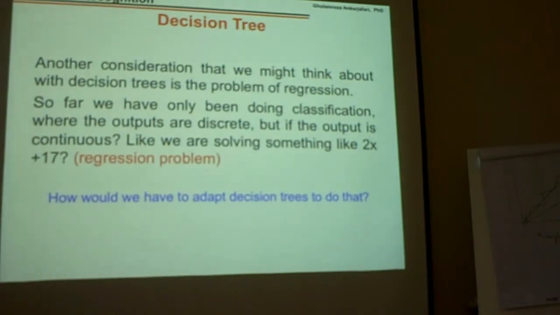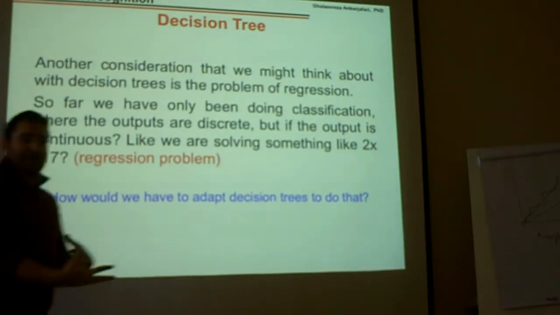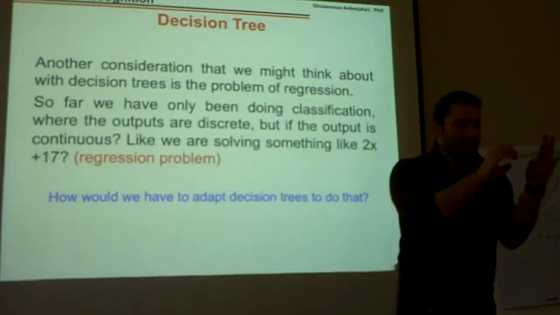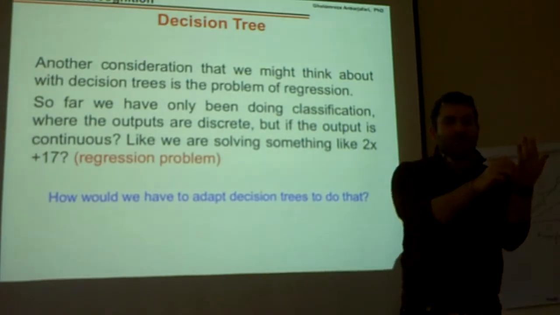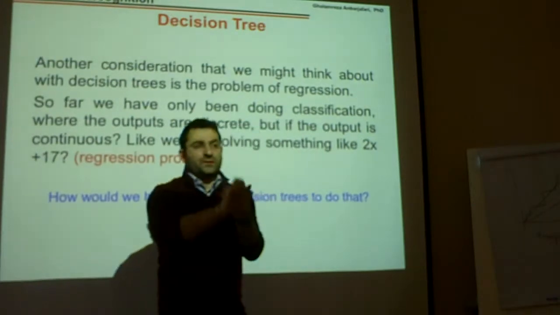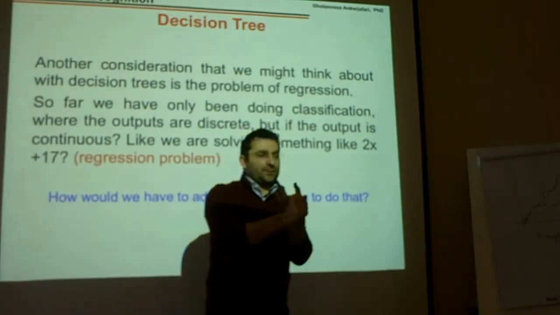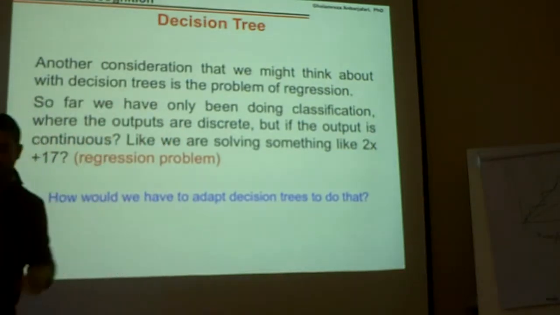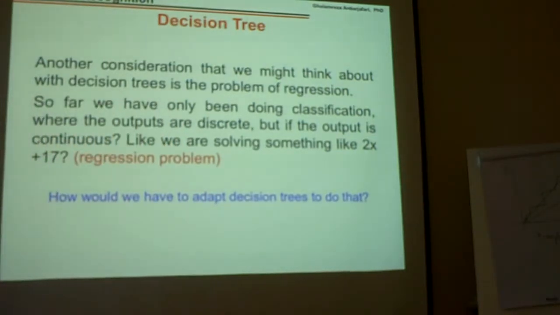So how we adapt our decision tree to do this is the topic that we want to talk about right now. So we have handled discrete input, discrete output classification, and continuous input, discrete output classification. We have talked about the trees, the noise that we have, and we have some idea about how we can get rid of that.